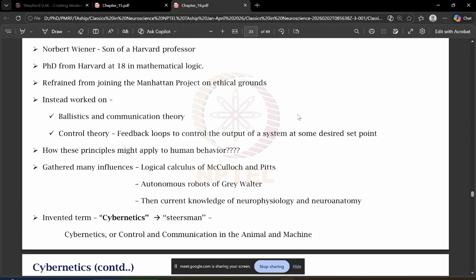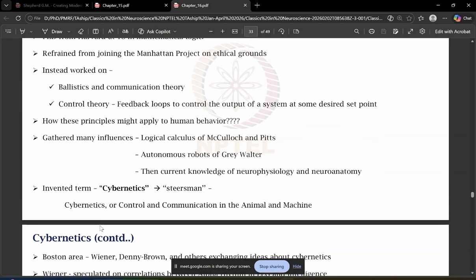And on the basis of all of that, he decided to invent this term called cybernetics, which is derived from the Greek term for steersman, or basically the one who steers a ship or a boat.